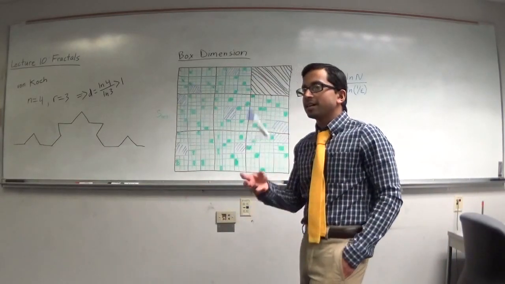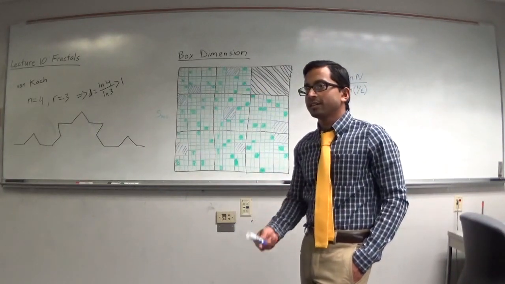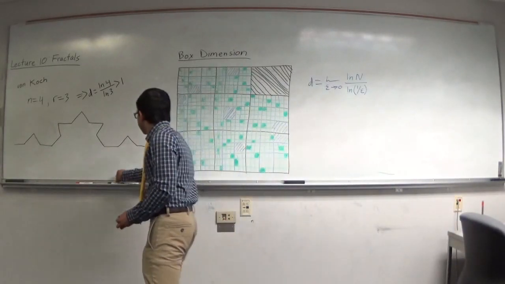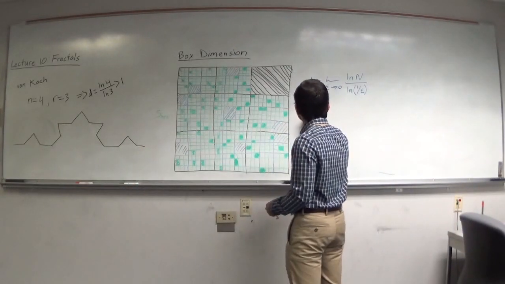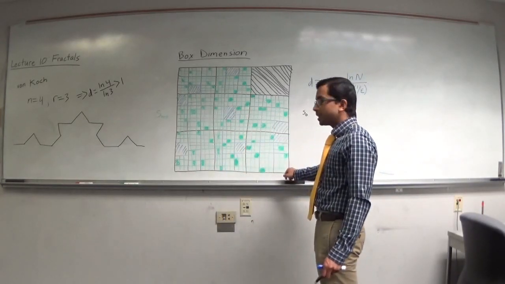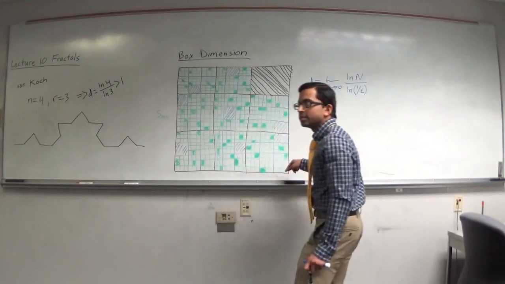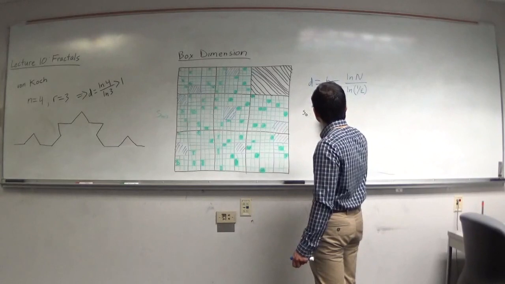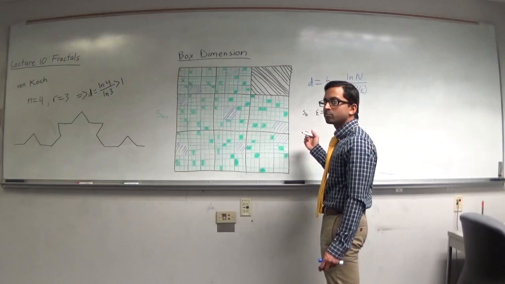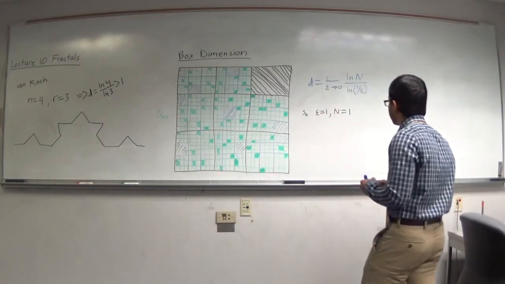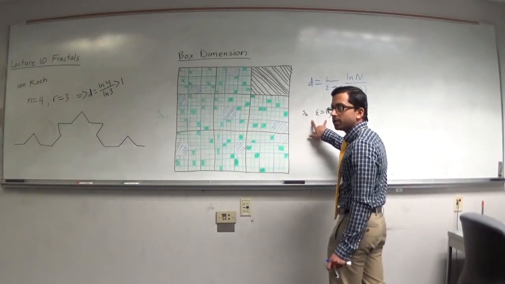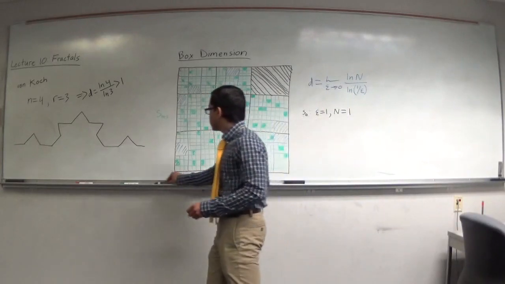What's the size of the box that we're going to use to cover it? That size is going to be 1, right? So epsilon is just 1, and N is also going to equal 1. There's only one box of size epsilon equals 1. So that's going to be S0.